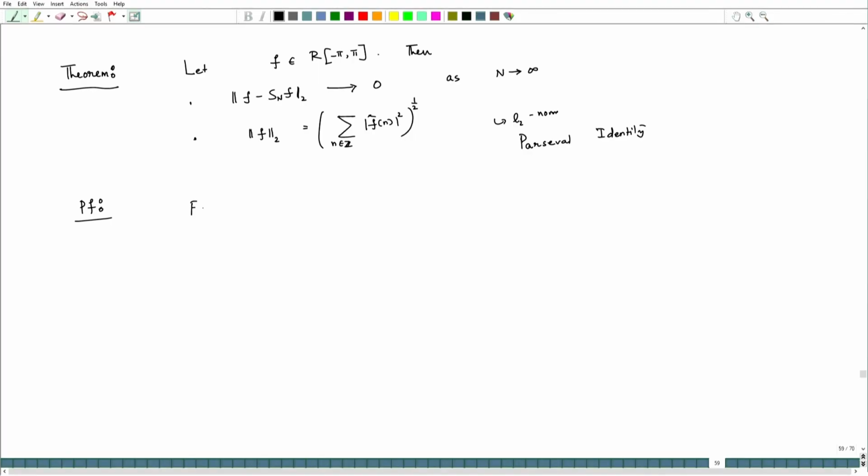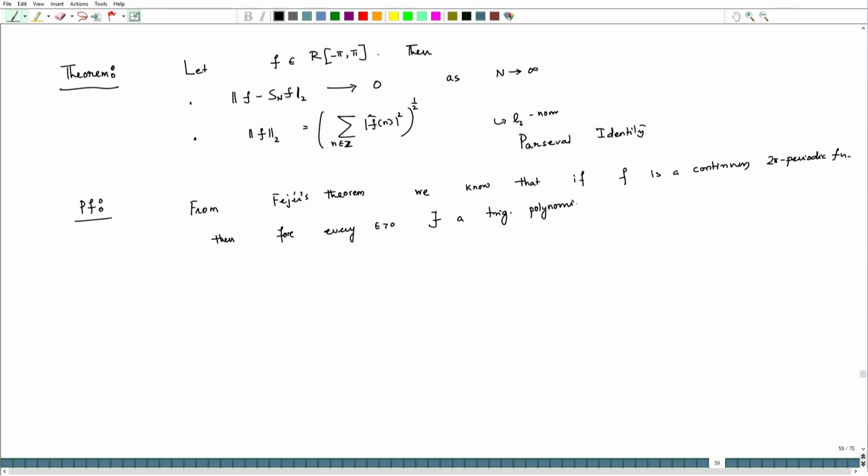So from Fejér's theorem, if f is a continuous 2 pi periodic function, then for every epsilon positive there exists a trigonometric polynomial P such that the sup norm of f minus p, which is the supremum over x in minus pi to pi of |f(x) minus p(x)|, is less than epsilon.